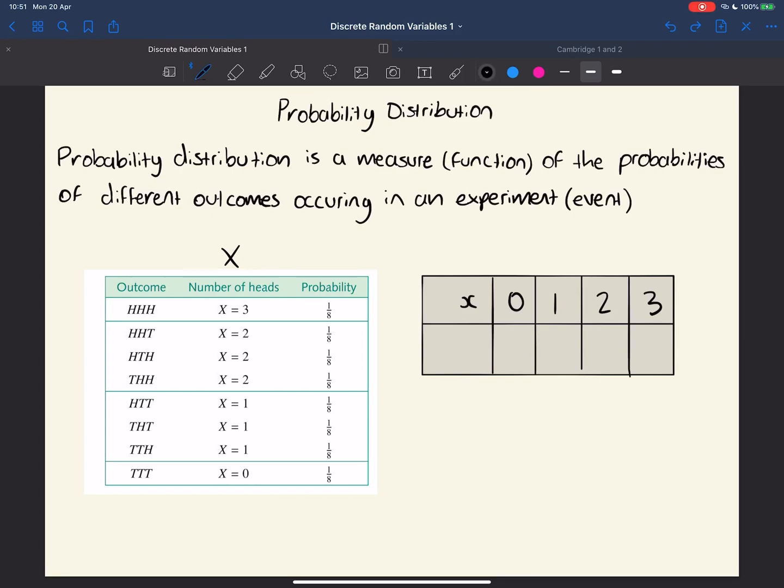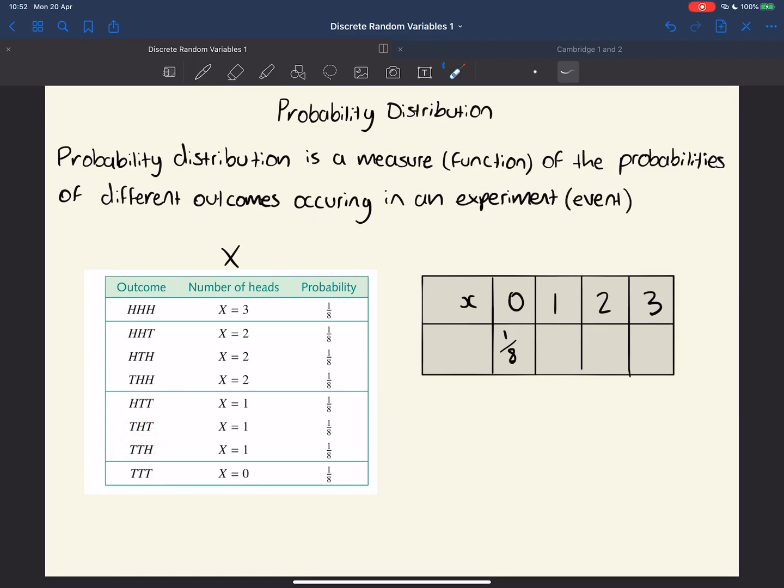Okay. And what we're going to do now is list the probability of each of these events happening. If we were to take our time and measure, it's 1 in 8. That's for 0. What about for 1 head? Well, you could get heads, tails, tails; tails, heads, tails; and tails, tails, heads.